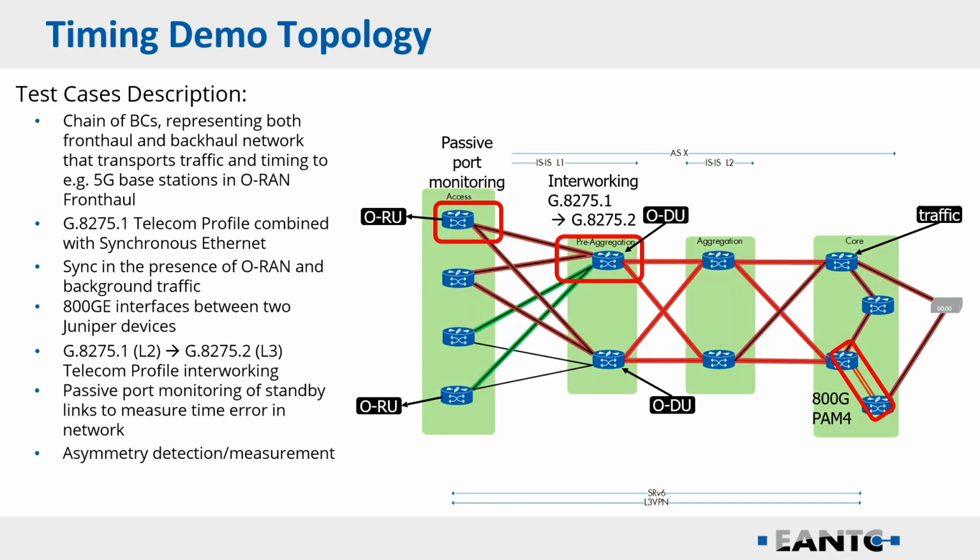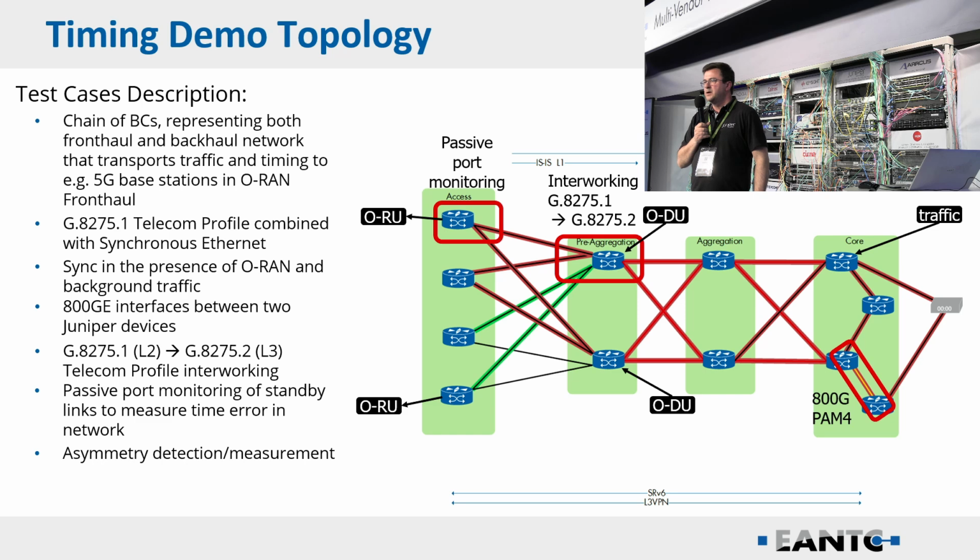The last and important thing from the operator for the operation part is the function of passive port monitoring. It's important that you can measure and see what is the difference between the timing sources on the network and how good the boundary clocks are performing here.